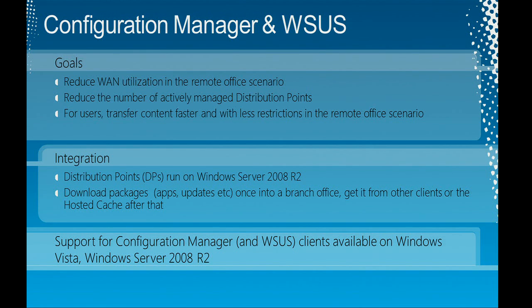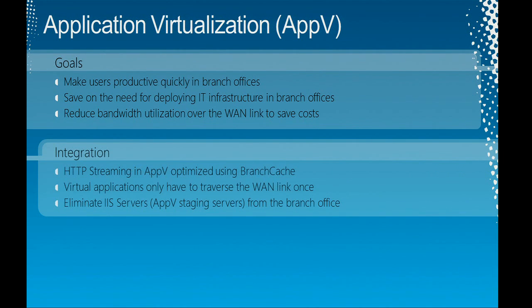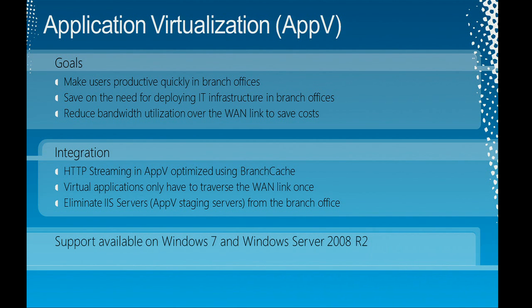Next option you could do using the same cache: application virtualization. Is anyone looking at App-V, exploring it? No one? Oh, back there. With App-V, you need to have a staging server. If you're using System Center Configuration Manager, you might have needed a distribution point, and now you need a staging server and a staging share.